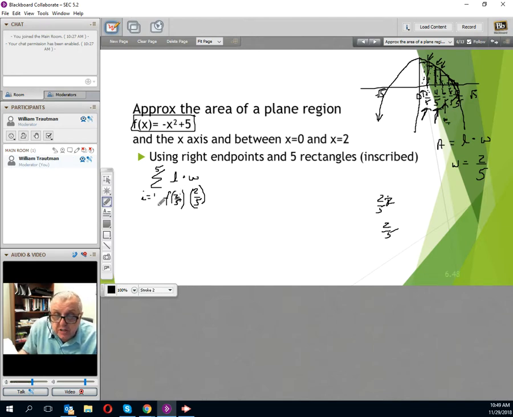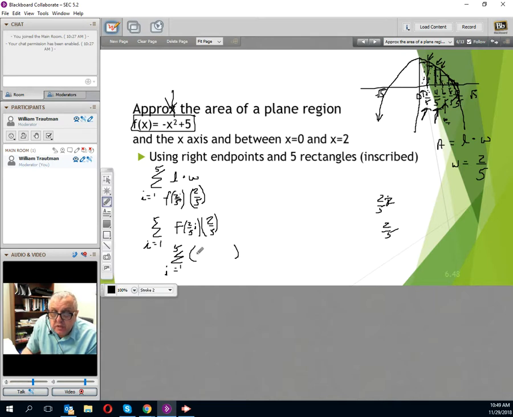So here's my function. Once again, I'm writing my function from i equals 1 to 5, and I'm going to put 2/5 i into the function times the width, which is 2/5. Now I'm actually going to put 2/5 i into the actual function. So I do a summation of i equals 1 to 5, and here's my function now: negative x squared plus 5, and everywhere there's an x, I'm putting 2/5 i.